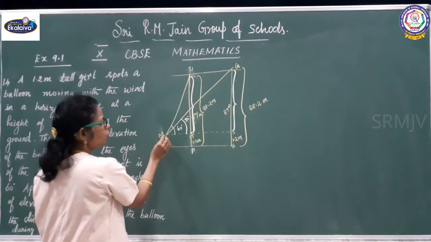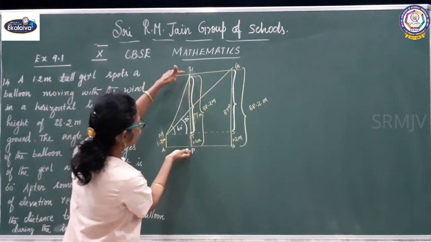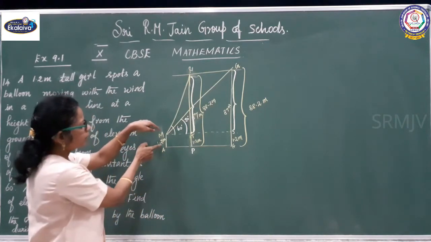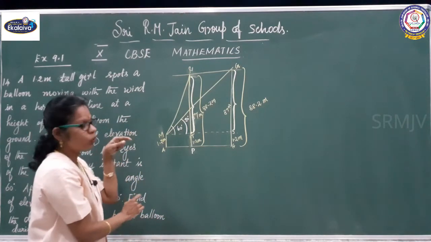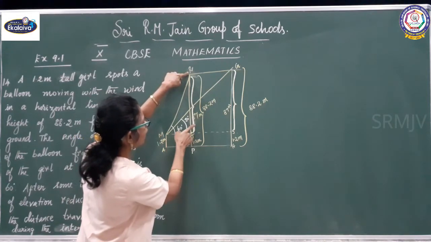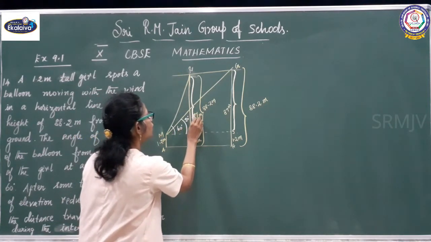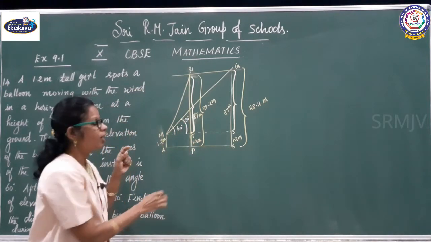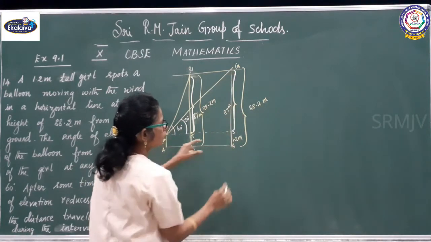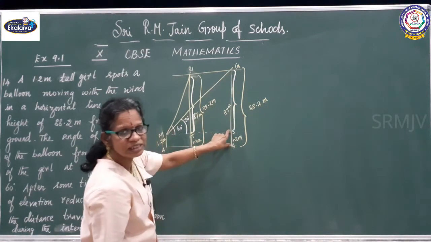First, see here, from the ground to the top is 88.2 meter. The girl height is 1.2. That you have to subtract. Then what is the distance between R and T? 87 meter. The same way, here also S to G is 87 because this is our girl's height.